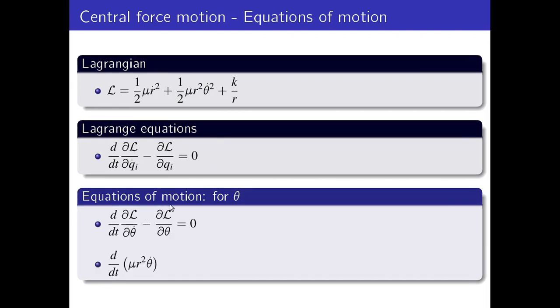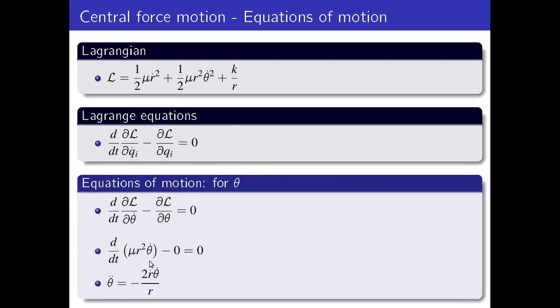For the second term, there is no theta dependence in the Lagrangian, so the derivative gives 0, and we obtain this equation. And we need to take the total time derivative. The only variables for this term are r and theta dot. After taking this total time derivative and making some arrangements, one can obtain theta double dot as minus 2 r dot times theta dot over r.